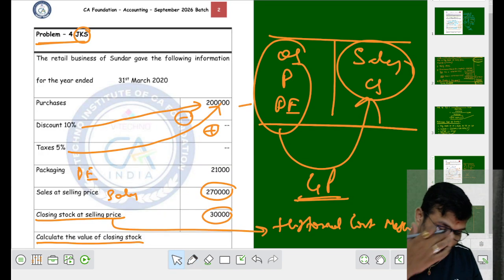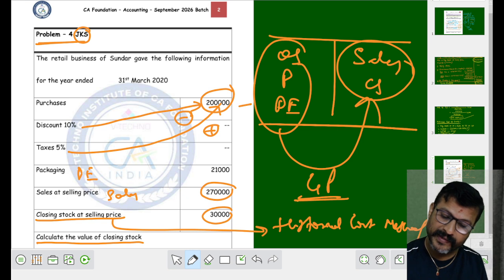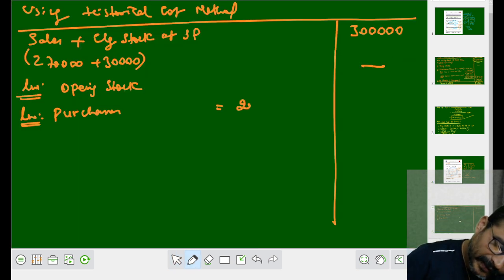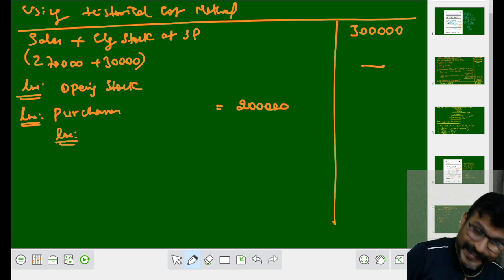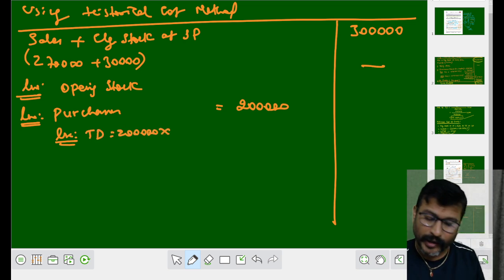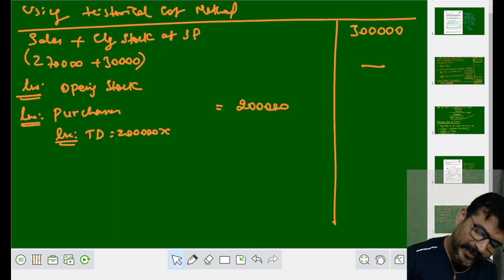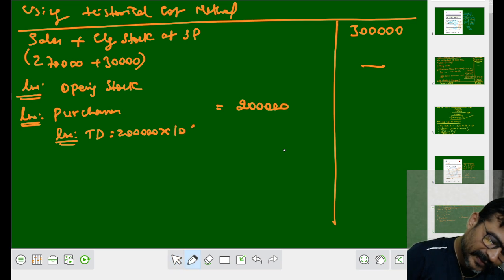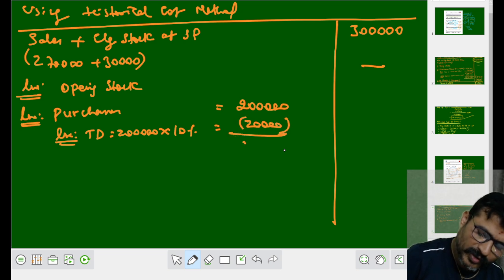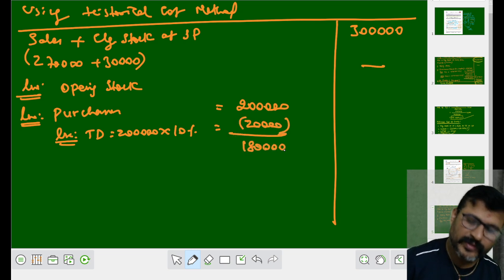How much goods you purchased? 2 lakh rupees. Take the 2 lakh. In that we have to subtract trade discount. Trade discount is how much? On the amount of 2 lakh, it is 10%. Discount is trade discount only, nothing else. It is 20,000. So we are getting 1,80,000.